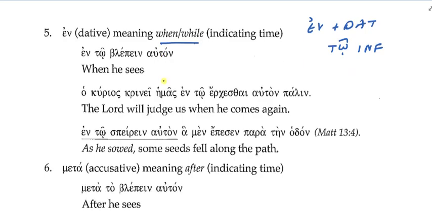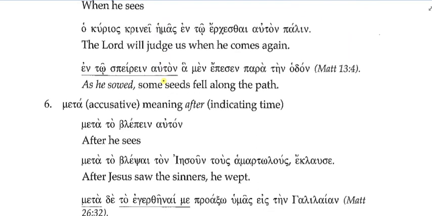Matthew 13:4, from the parable of the sower. En to speirein auton, ha men epesen para ten hodon. Okay, this latter part is the main clause. Some fell along the path. What does this introductory infinitive phrase inside the prepositional phrase tell us?